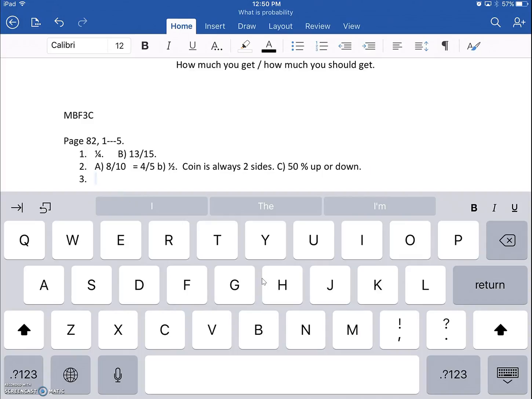So number three, the third one. As you see the chart on the right side, here comes the question. In a bag there are 14 yellow marbles and 6 blue marbles. A marble is removed, the color is recorded, and then it is put back into the bag.